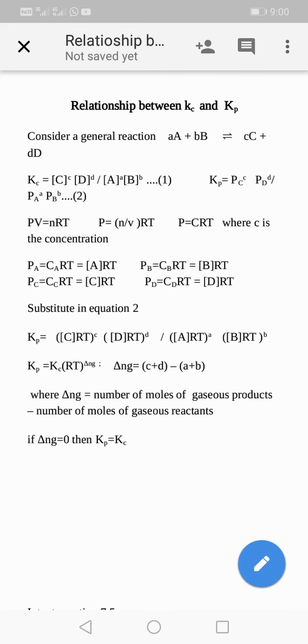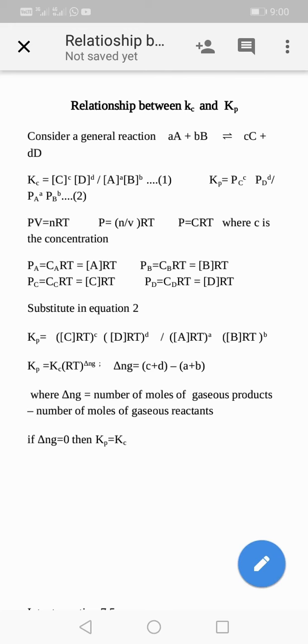If any of the species are solids or pure liquids, they cannot be considered for the calculation of delta Ng. You will be considering the delta Ng value only for gases. Okay, and the equation becomes Kp is equal to Kc into RT whole raised to delta Ng.